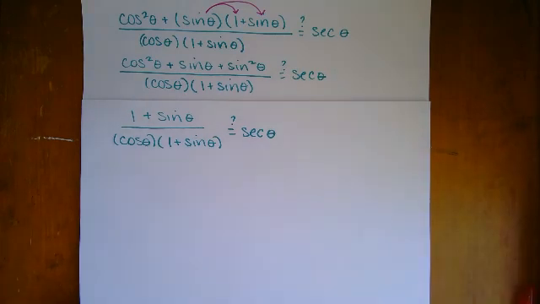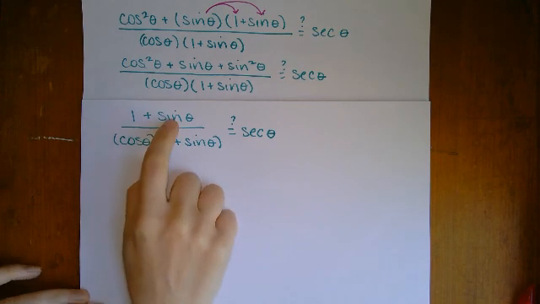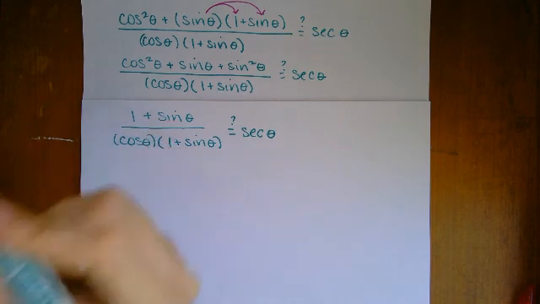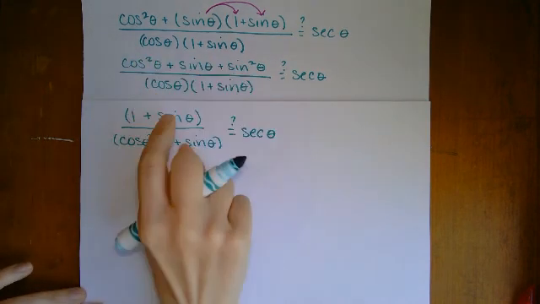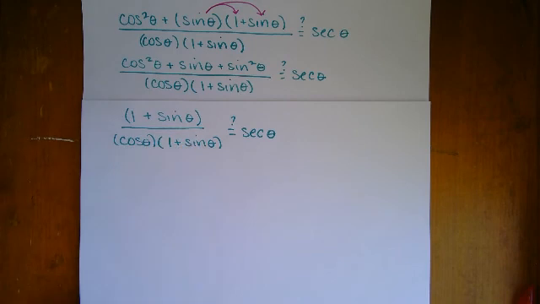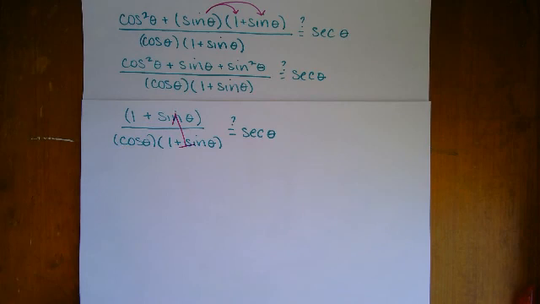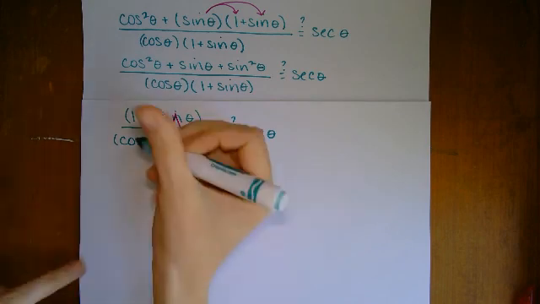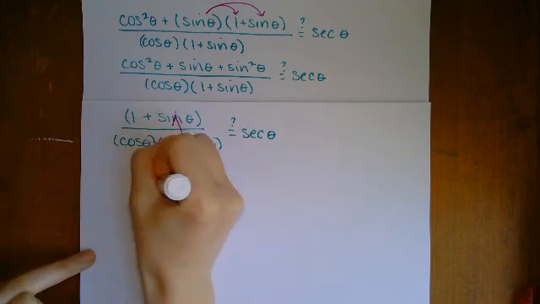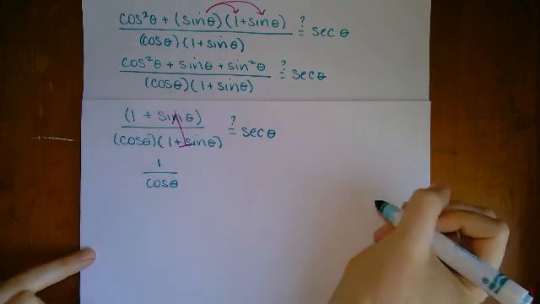So hopefully what we're noticing now is we have this sum 1 plus sine theta in the numerator, and we have 1 plus sine theta in the denominator. 1 plus sine theta over 1 plus sine theta makes a giant 1, since it's the same in the numerator and the denominator. That means we're left with cosine theta in the denominator.